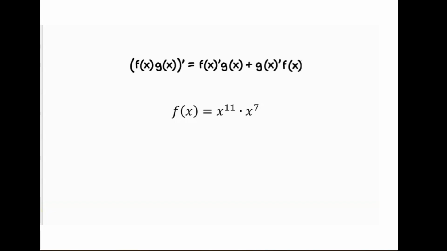All right, let's go over the formula for the product rule. So if you had a product of two functions, in this case f of x times g of x, and you want the derivative, that's going to equal f prime of x times g of x plus g prime of x times f of x. And one corny way that I would teach my students how to remember the formula would be if you have a friend that's a girl, she is your girlfriend.